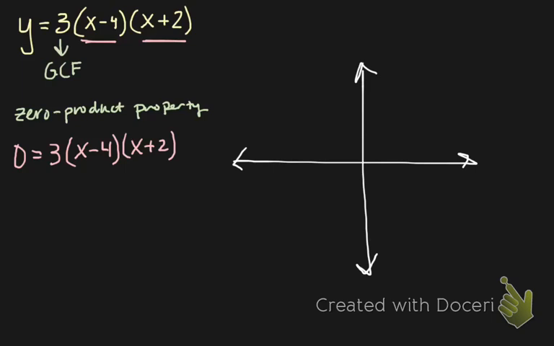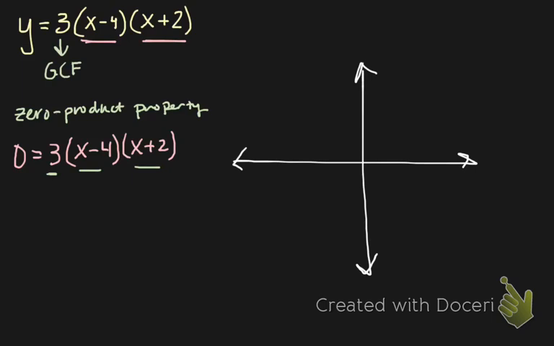And we know if we have 3 separate things, 1, 2, 3, and we multiply them together and it equals 0, at least one of those things has to be 0. Now we already know 3 is out of the picture because 3 does not equal 0. However, depending on what x variables we throw in here, x minus 4 could equal 0 or x plus 2 could equal 0.